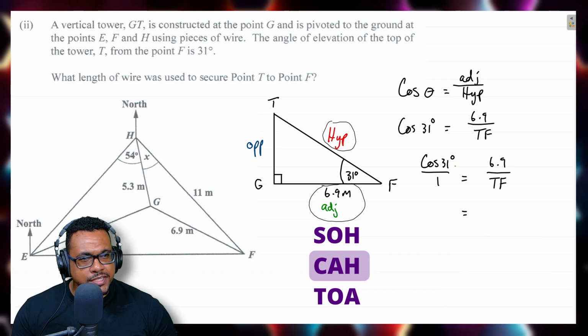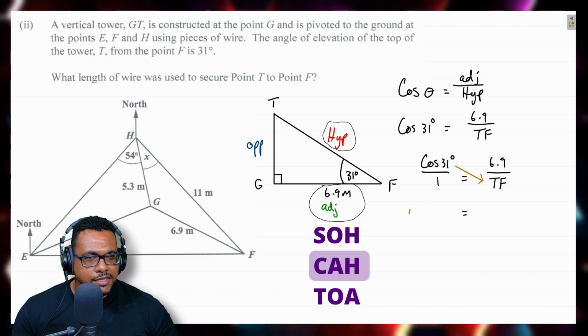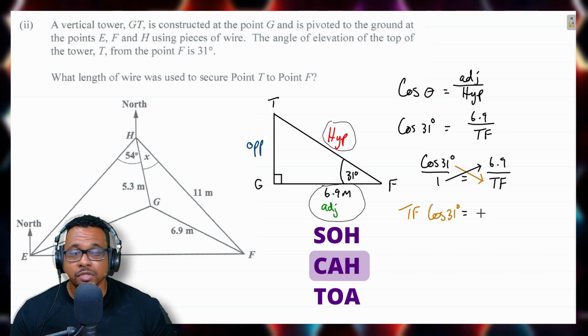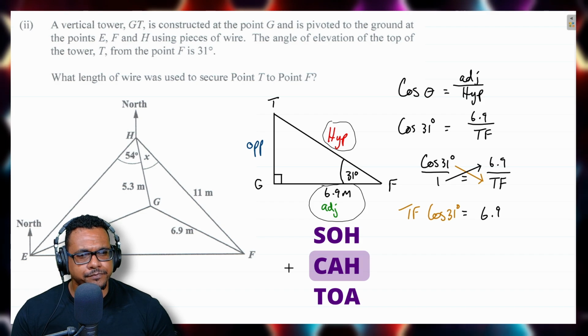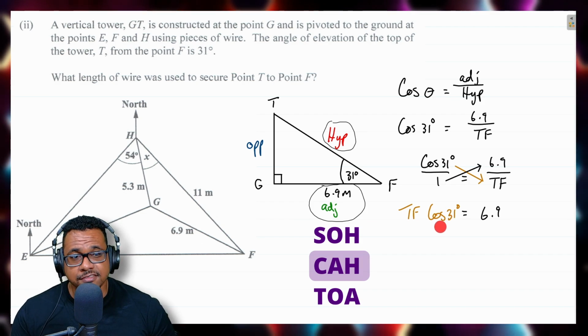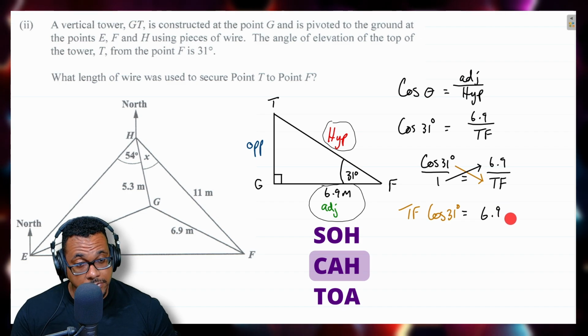So multiplying cosine 31 by TF, we're going to get TF cosine 31 degrees, and 1 by 6.9 will just give us back 6.9. Now TF is being multiplied by cosine 31. So when we transfer the cosine 31 across the equal sign, it'll turn to division.